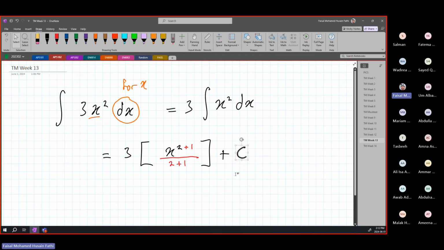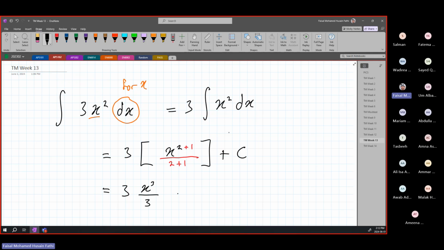This plus c is very important because it shows there is a constant value that we do not know in the case of indefinite integration. If we simplify this, this will give us 3x cubed over 3, plus c, and you're going to notice that the 3 and the 3 will cancel, and we will have x cubed plus c.